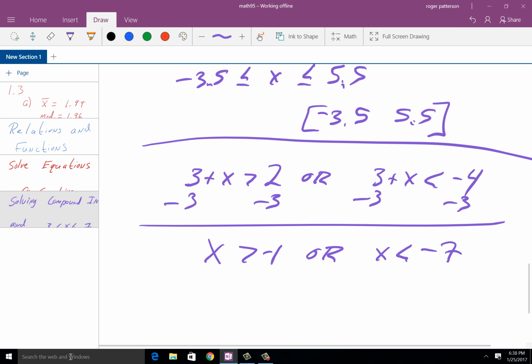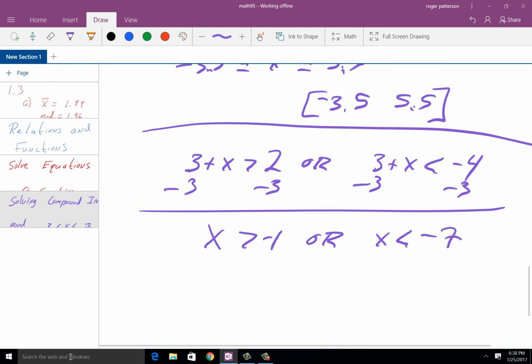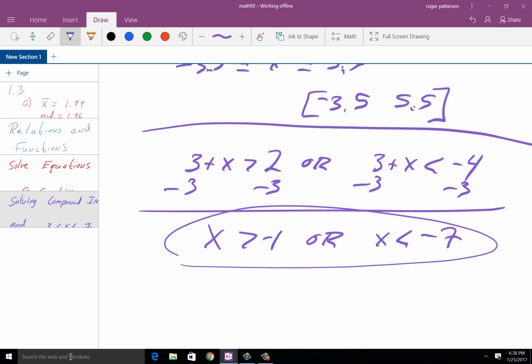Okay. Let's see. Solve the compound inequality, graph the solution. I wouldn't graph these, but I'd probably either leave it like that, or if you wanted to, x has got to be greater than -1, so that'd be -1 parenthesis. We're going greater, so that's going to be positive infinity.